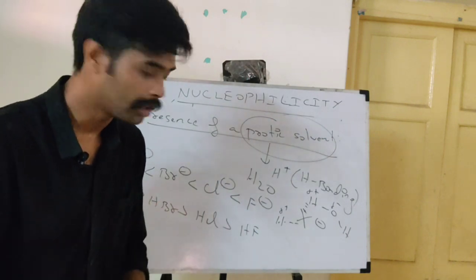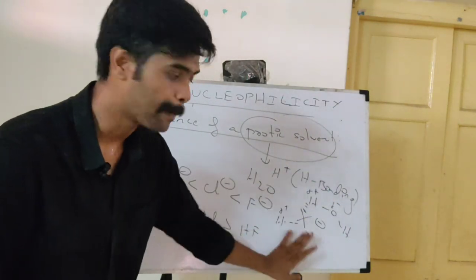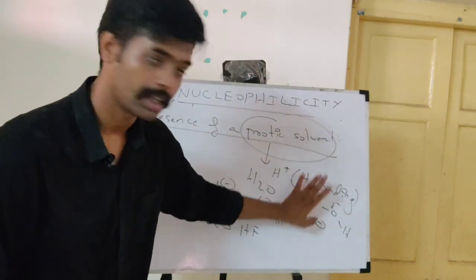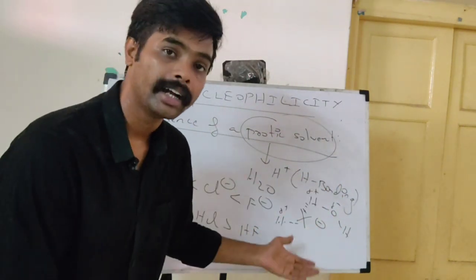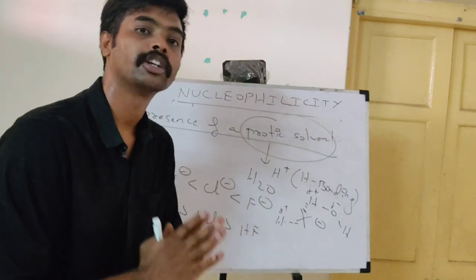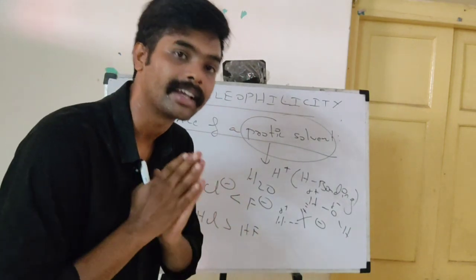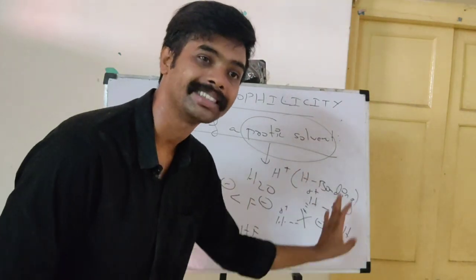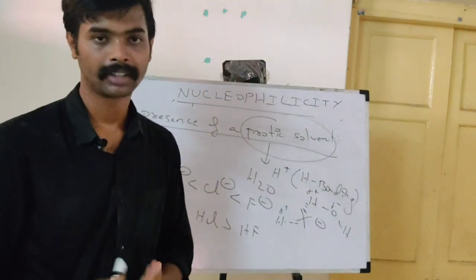So therefore, whenever I have a protic solvent, hydrogen bonding will happen for the nucleophile, and because of that the nucleophilicity of the nucleophile will get decreased because it is getting crowded. It will not be able to move as easily as in the previous case, isn't it?